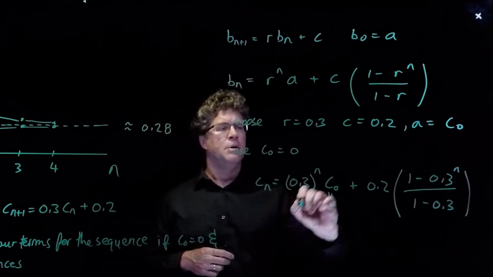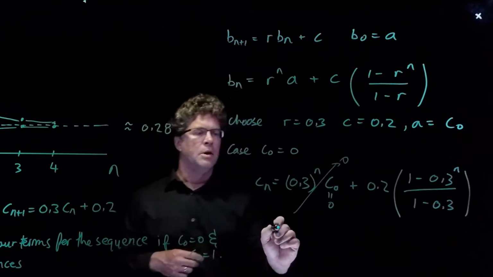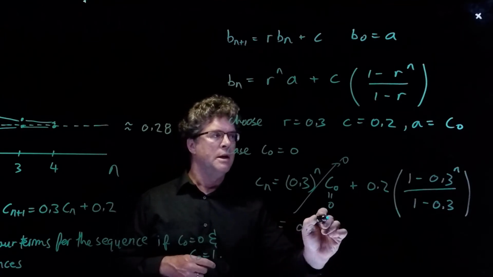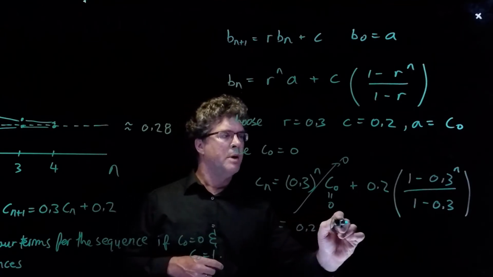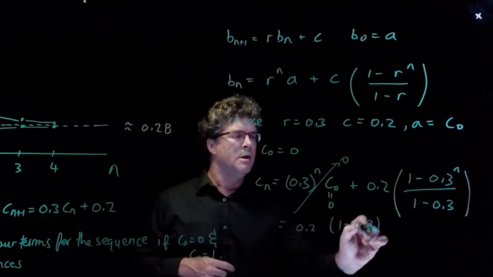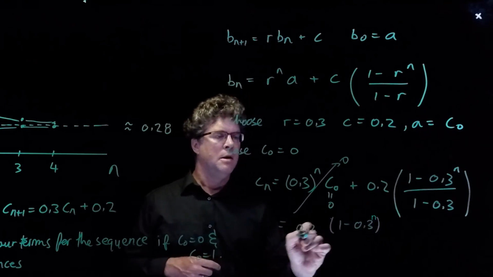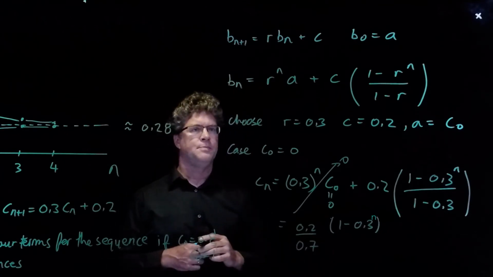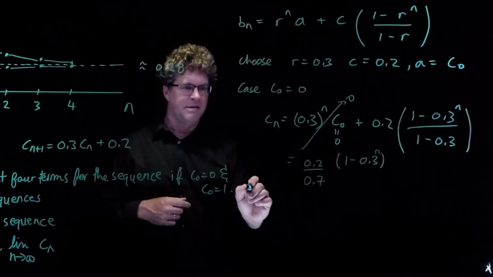Okay, so this term goes to 0, and so C_n is 0.2 times (1 - 0.3^n) divided by 0.7.